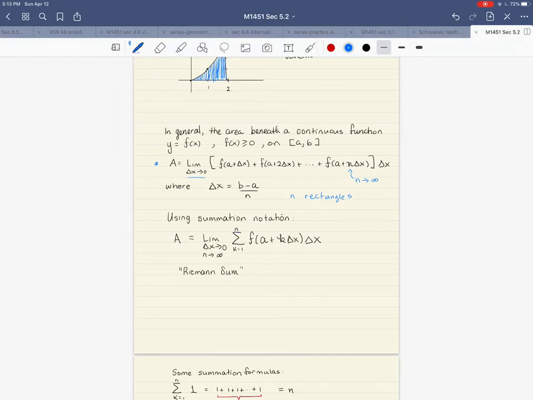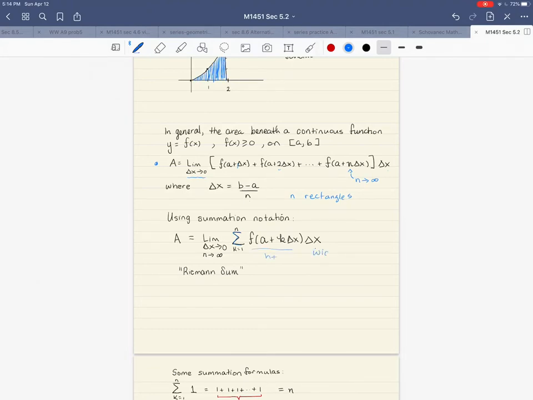The Greek capital letter sigma means we're going to add things that look like f of a plus something times delta x, where that something is a counter. K goes from 1 to n. So here k is 1, 2, all the way out to n. So that moves us down. It looks like we're using right endpoints when we write that. But again, it's not going to matter because our delta x's are going to get real small.